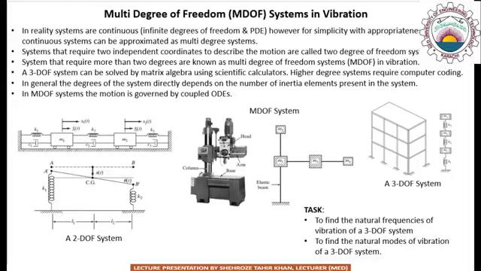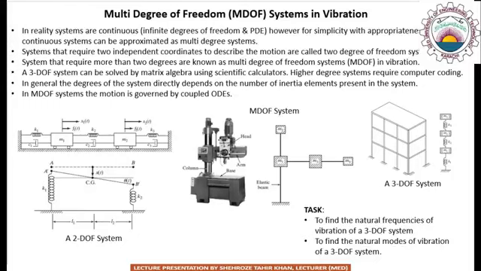We also learned about the procedure of obtaining the equations of motion for a 2 degree of freedom system by using Newton's second law of motion. Then we discussed how to express the equations of motion in matrix form: what the mass, stiffness, damping, and force matrices are, and how they are important in the concept of coordinate coupling.